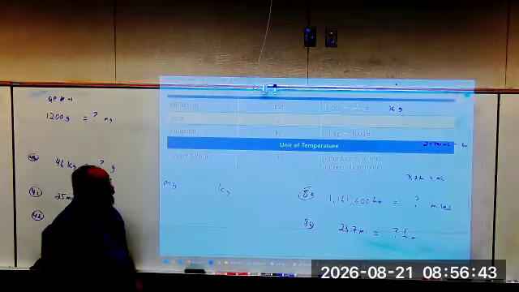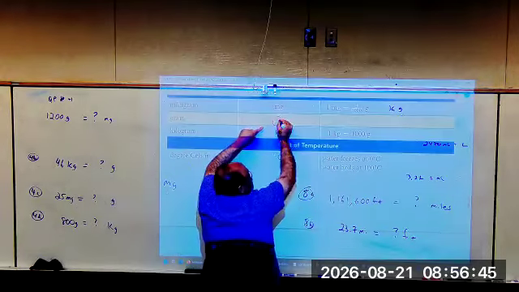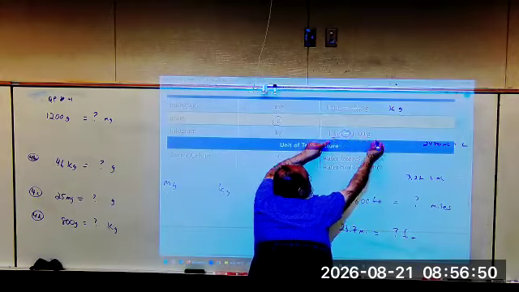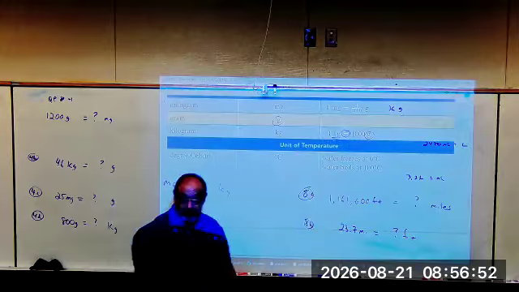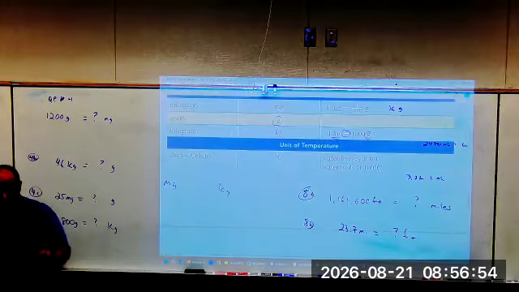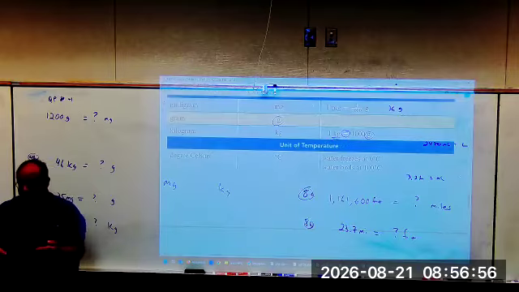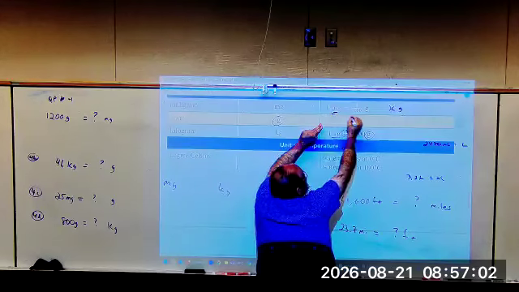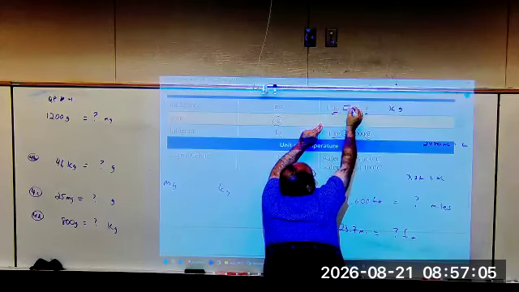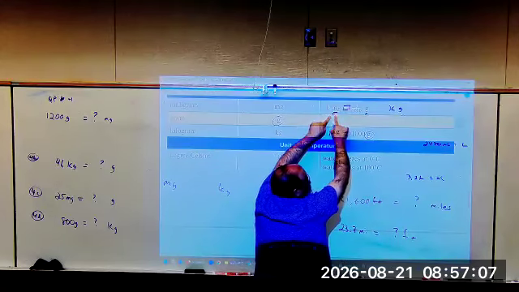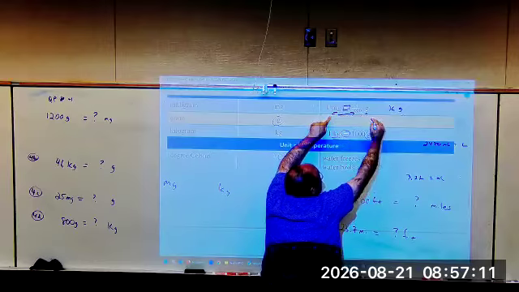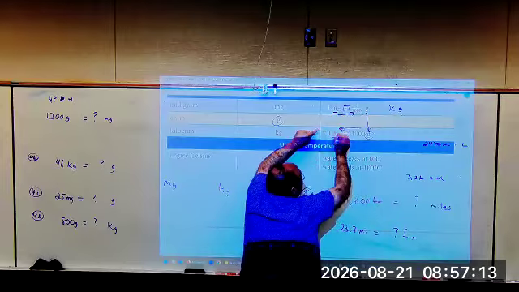I know how to change grams and kilograms because they have a relationship with an equal sign. I can convert kilograms and grams. There's something that connects them. And I also have a relationship between milligrams and grams. There's an equal sign. So I can convert milligrams into grams and then convert those grams into kilograms.